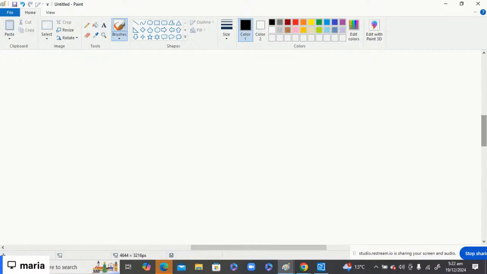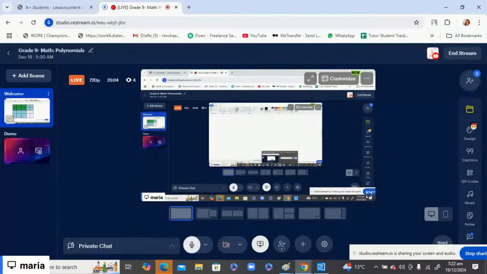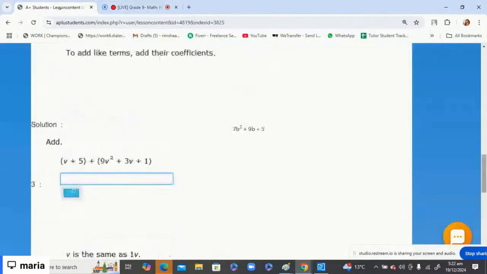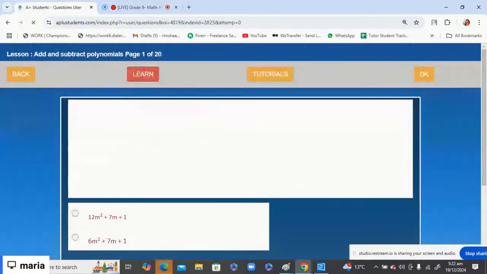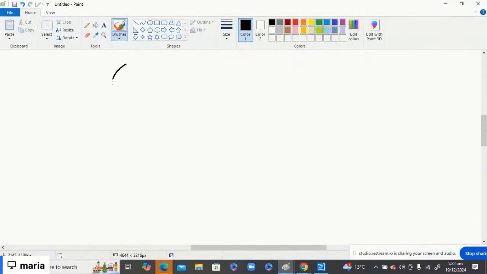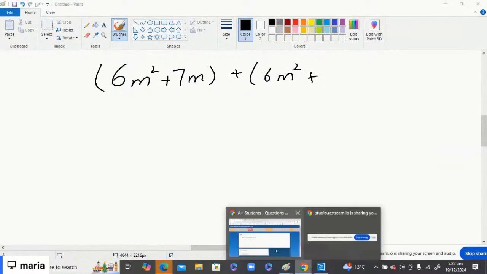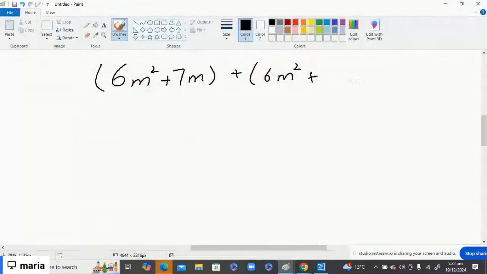Now let's do the test questions. Six m square plus 7m, plus 6m square plus 1. 6m square plus 7m, open it, plus 6m square plus 1.